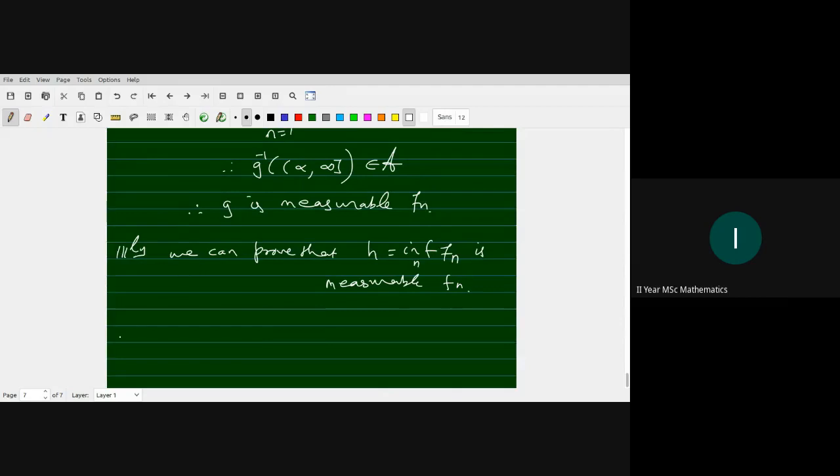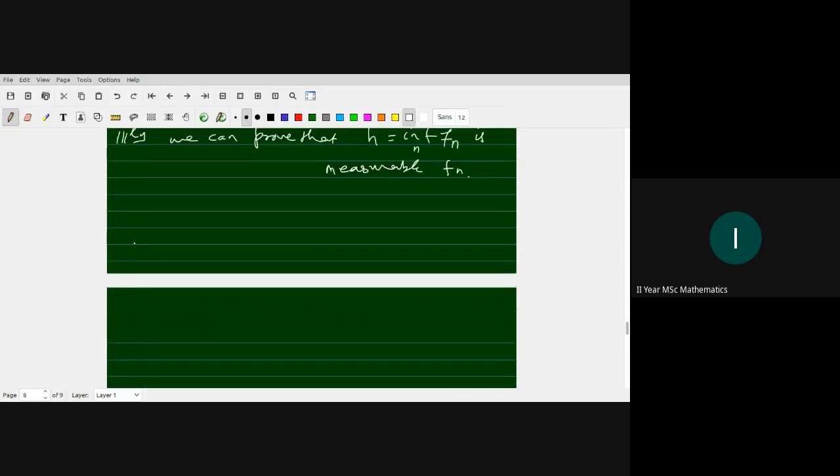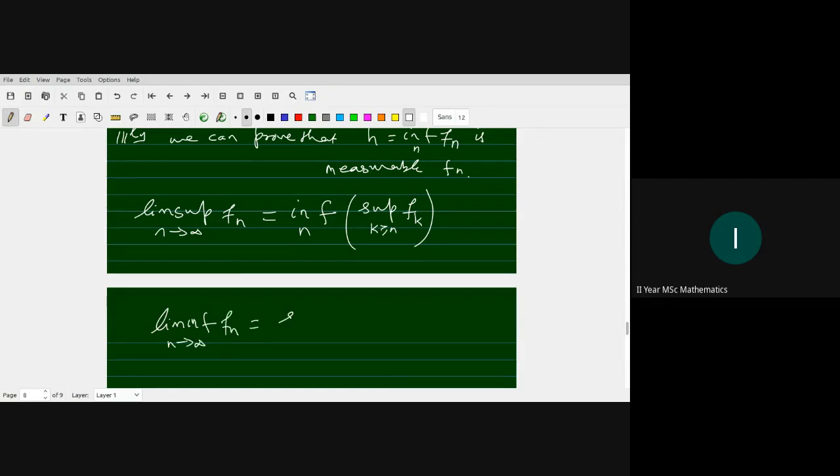So what about the limit supremum and limit infimum? By definition, the limit supremum as n tends to infinity of f_n is the infimum over n of the supremum of f_k, where k runs through n plus 1 and so on. The limit infimum of f_n is the supremum over n of the infimum over k greater than or equal to n of f_k.